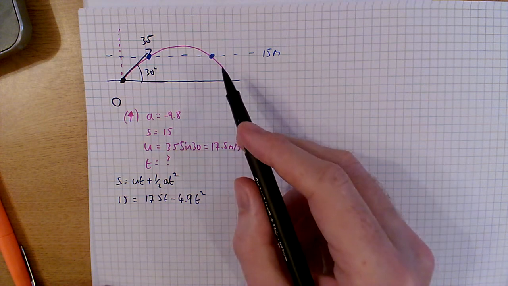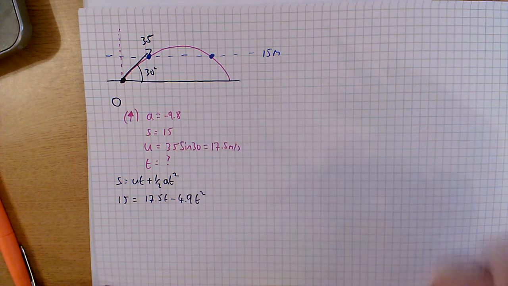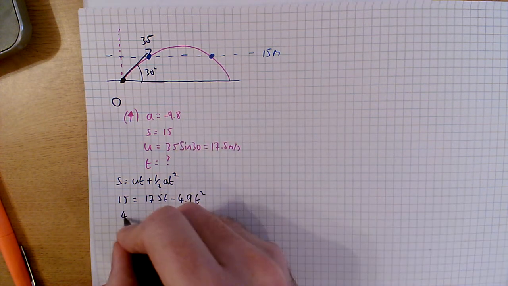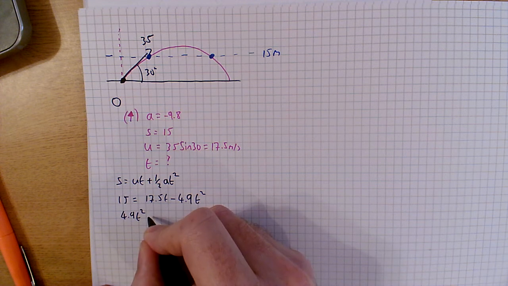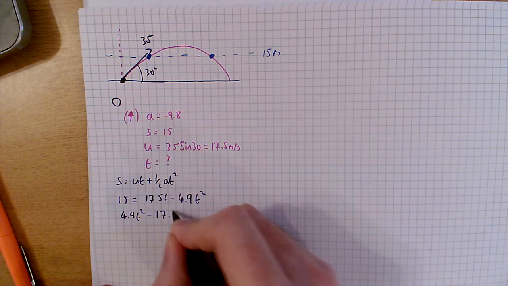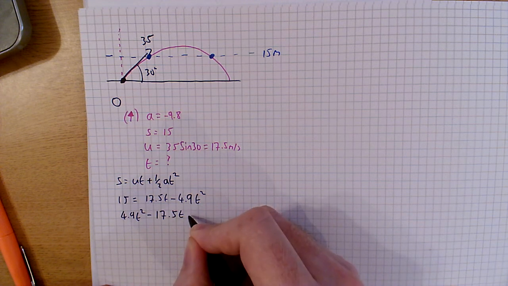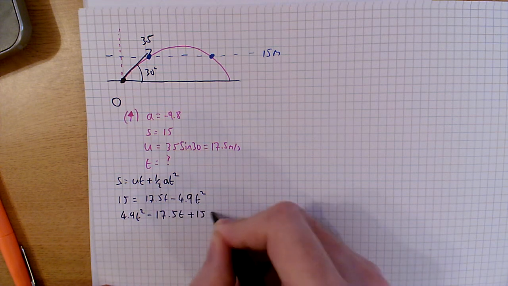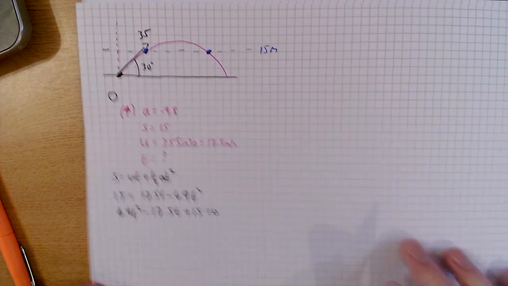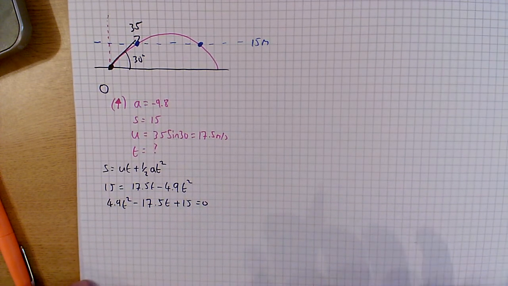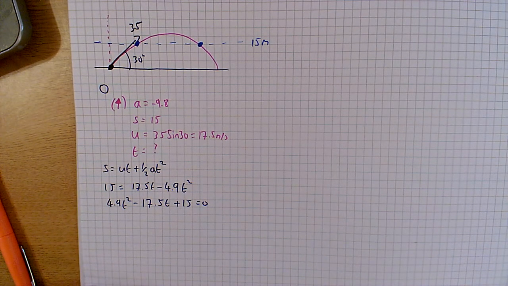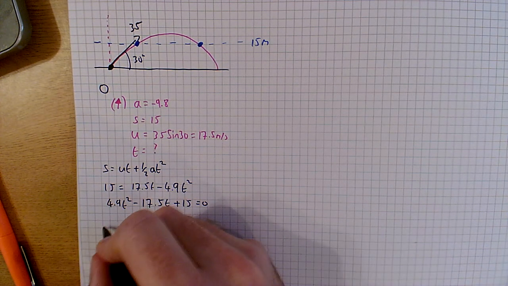That should be expected really. We're hoping to get 2 solutions, right? The point where it enters and the point where it leaves. So quadratic is good, it seems like we're going down that line. So I put it all on the same side and I make sure that's the side where we've got a positive T squared. Obviously we're not going to try and factorise this, we're going to use the quadratic formula. So we demonstrate that we know how to use that.